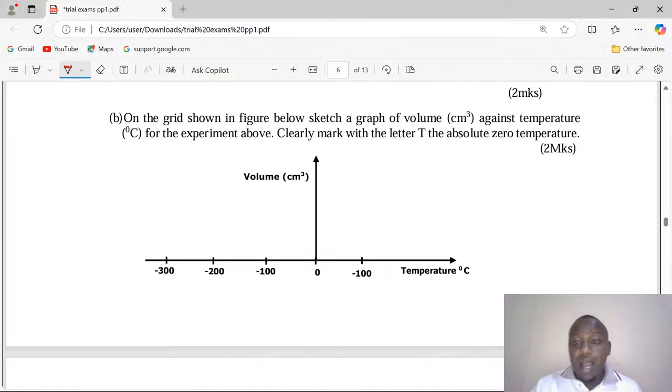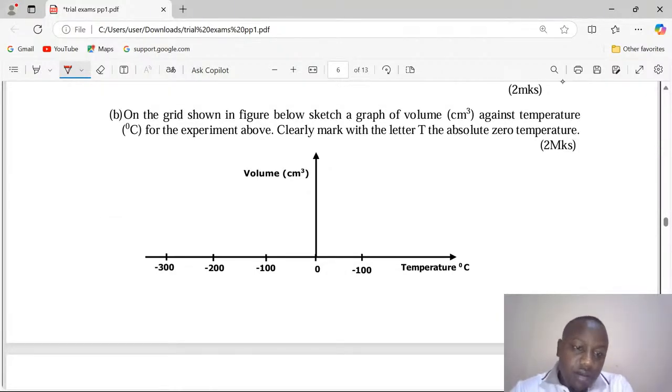So whenever we are working this out, we're supposed to know that at this point here, this is negative 250. So negative 273 will be somewhere here, beyond 250 and approaching 300 negative. So that is where T is going to be. And now I'm supposed to do the graph. Because they are directly proportional, it's going to be a straight line. But now beyond this, I'm going to use dotted.